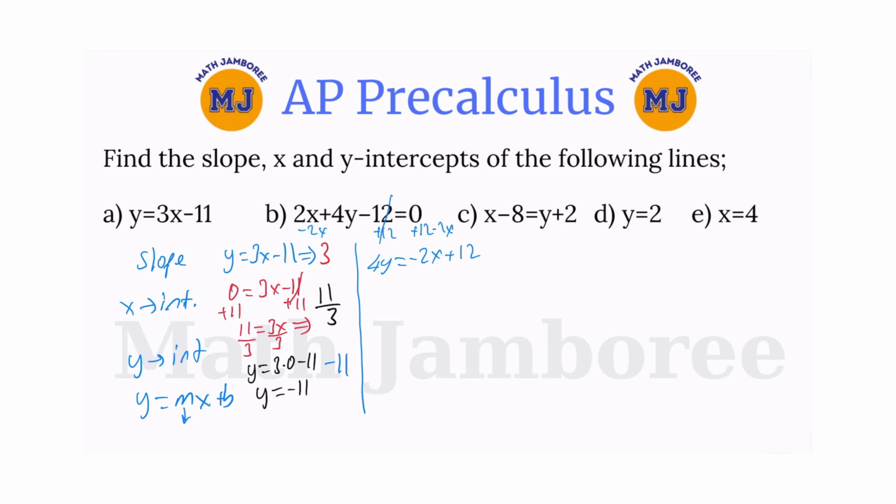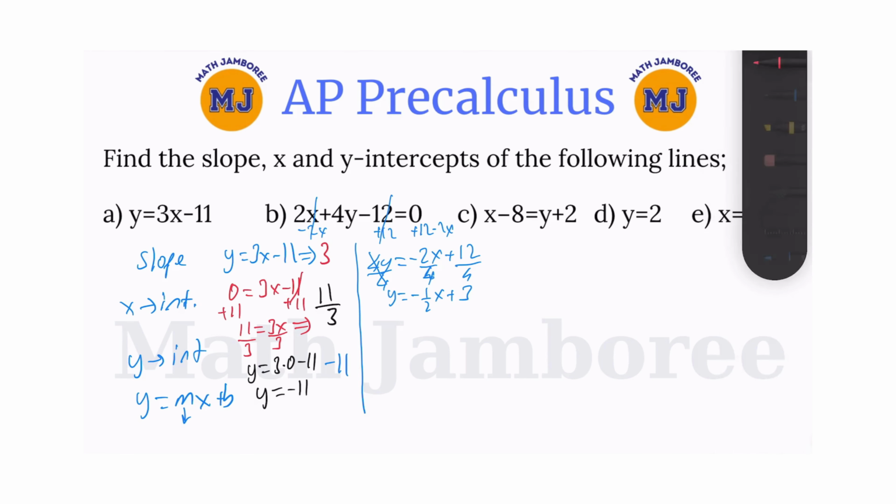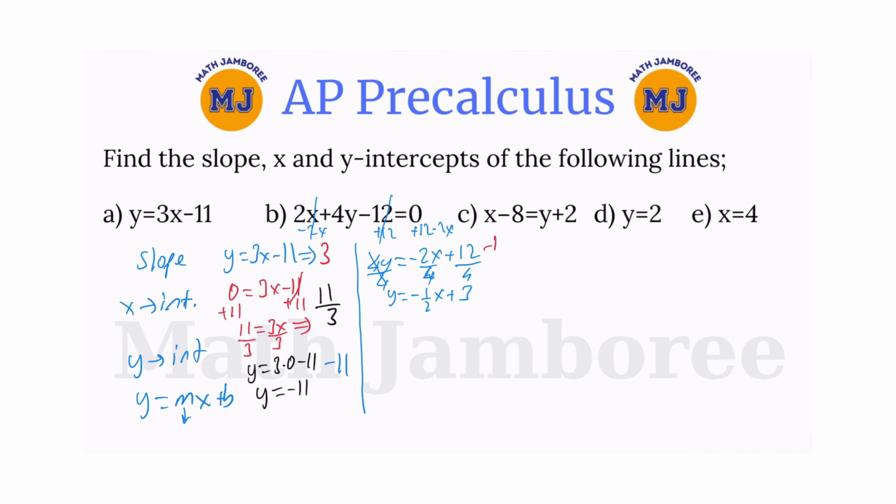Divide both sides by 4. And the equation will be y equals negative 1 over 2x, because 2 over 4 is simplified, plus 3. The number in front of the x, when the y is by itself, is negative 1 over 2. So the slope is negative 1 over 2 for B.